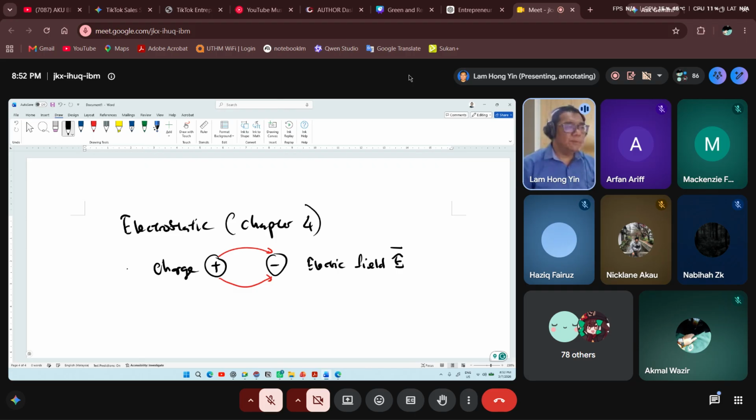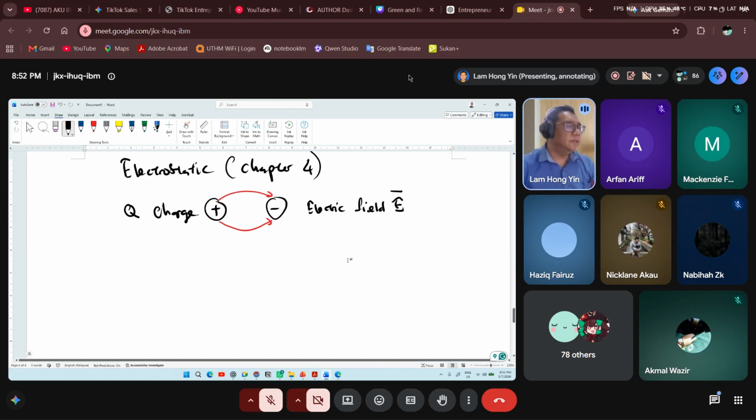And the charge we represent with Q, the capital Q, right? In order to obtain the electric field, we always start with Coulomb's law.